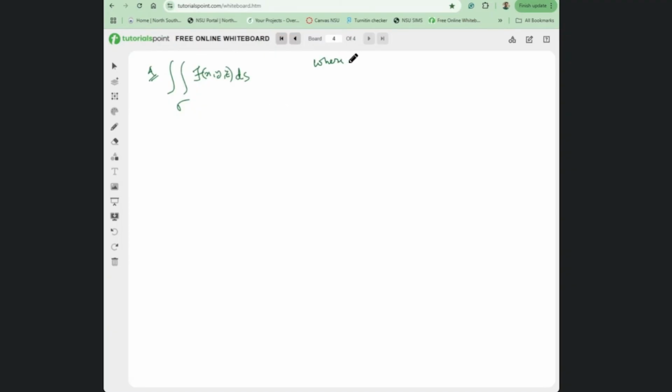F of x, y, z was given in the question by x square plus y square into z, and sigma is given by this, and z should be greater than or equals to 1. Above the plane z equals to 1, that means z greater than or equals to 1.